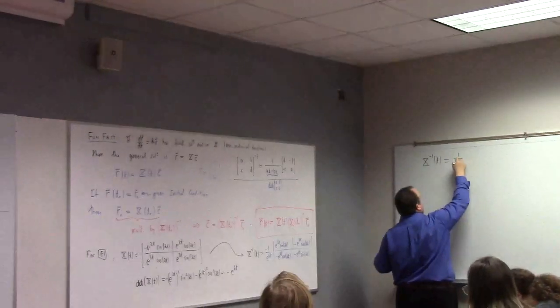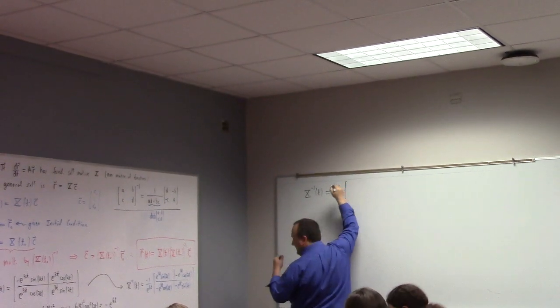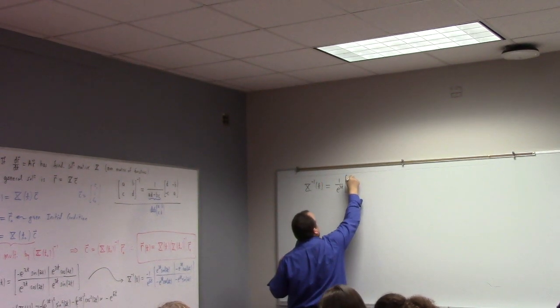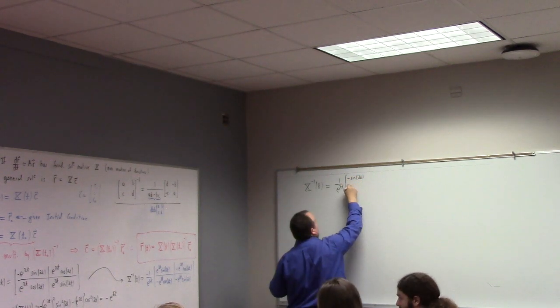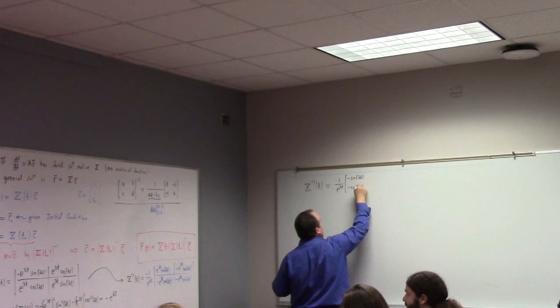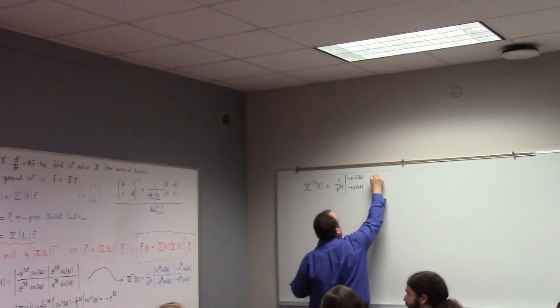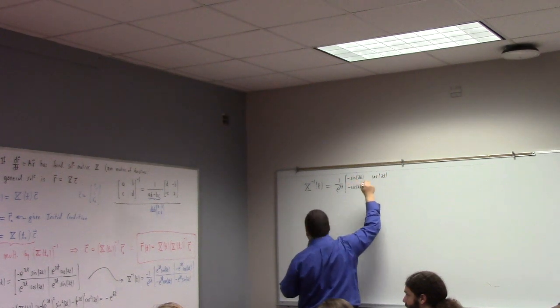I'm going to put a 1 over e to the 3t out here because that's really what we've got. So 1 over e to the 3t, and then I've got a minus sine 2t, minus cos 2t, cos 2t and sine 2t.